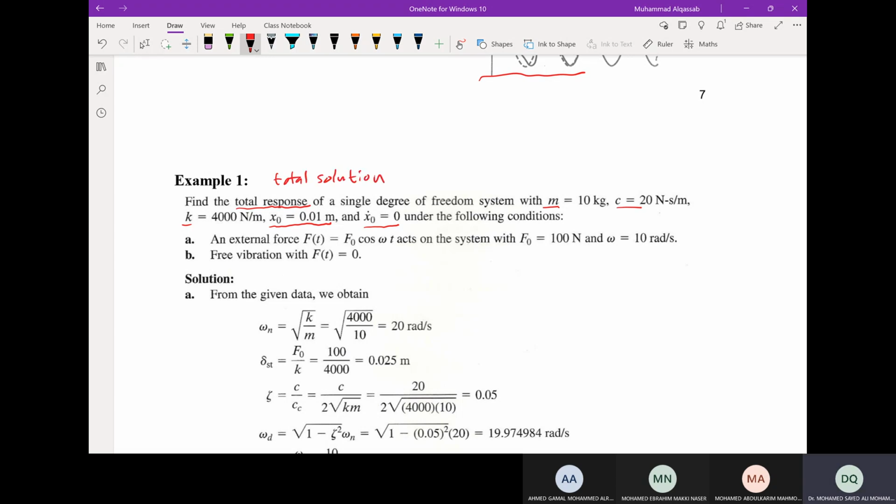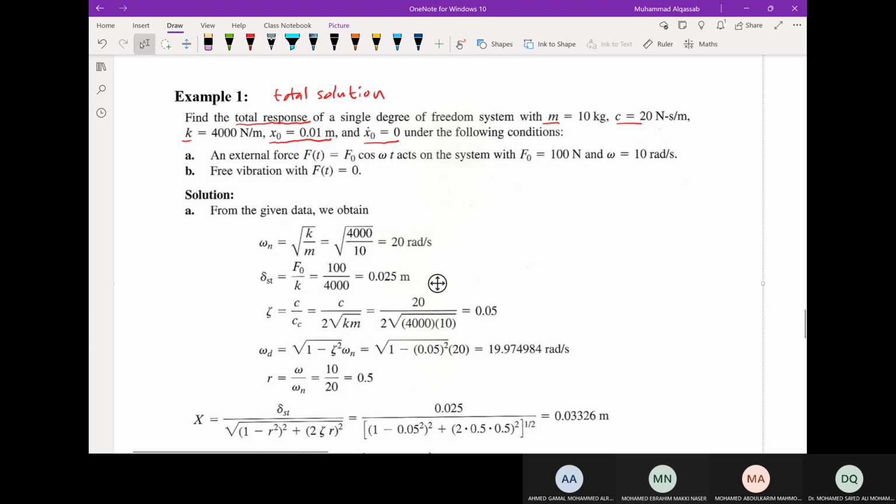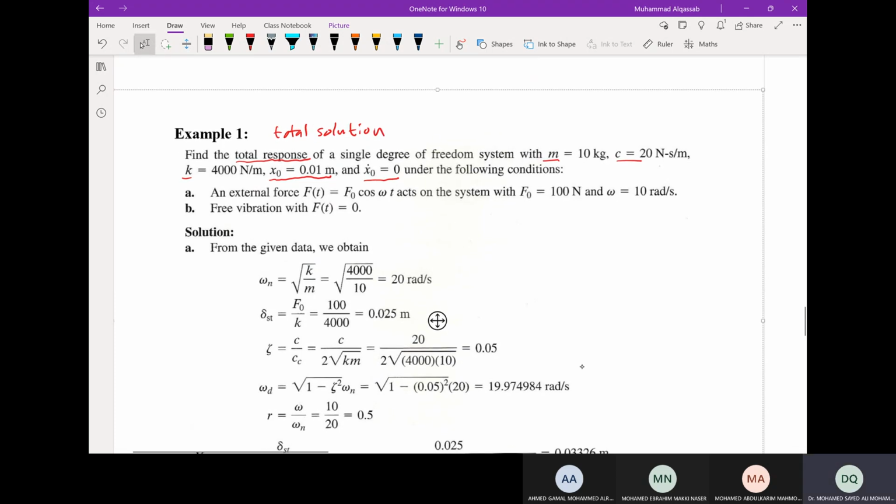In vibration, the solution is called response. The response means the effect of applying the force and initial conditions. Under the following conditions, there are two conditions, or the question is to be solved for two conditions.